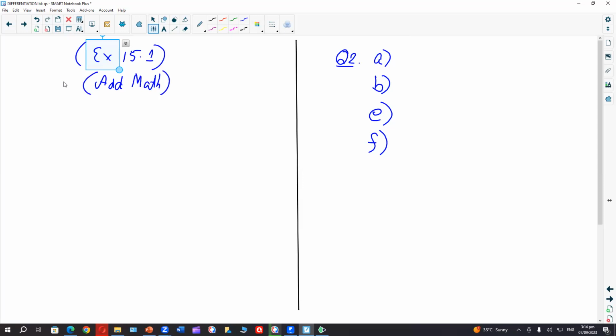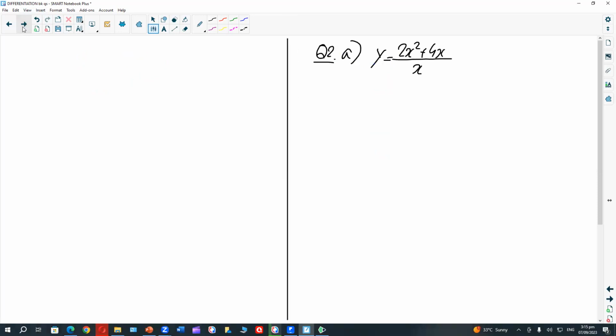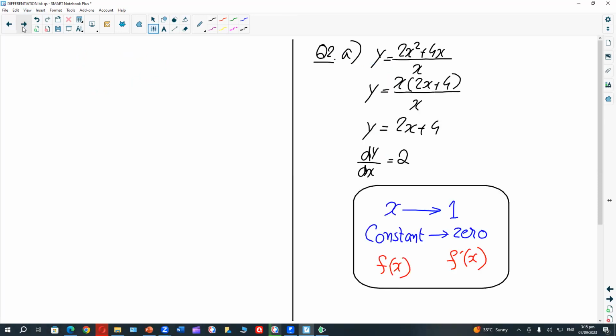So give this reference, and this is Exercise 15.1, and this is additional math. And then you have to copy this question with the solution.